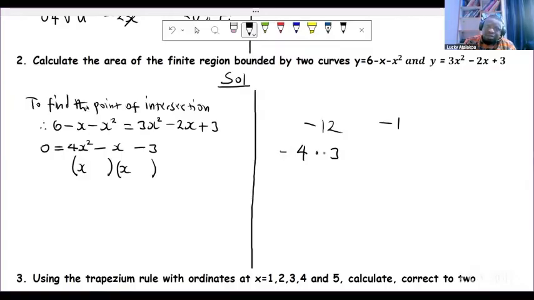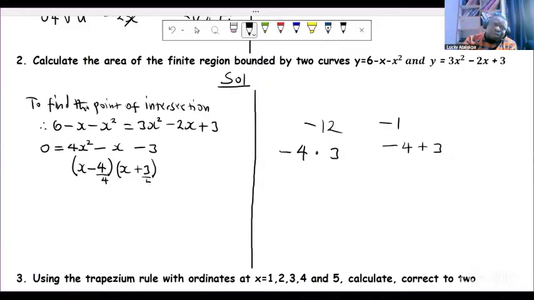So minus 4 times 3 will give us minus 12, and minus 4 plus 3 will give us minus 1. So this becomes minus 4, then this becomes plus 3. Now, because I have a coefficient with this x squared, I'm going to divide both sides by 4.